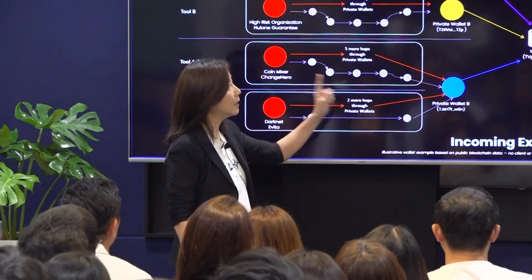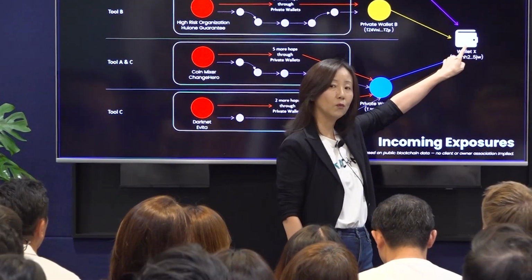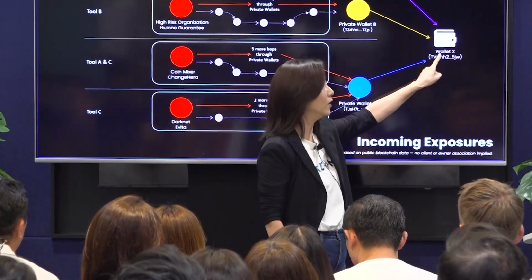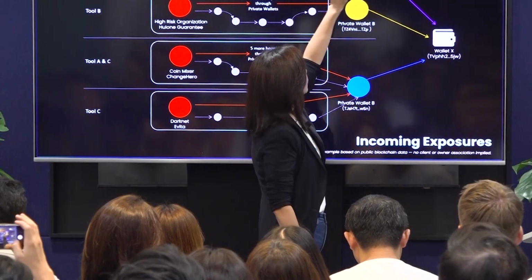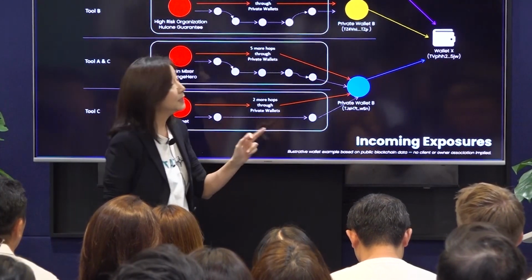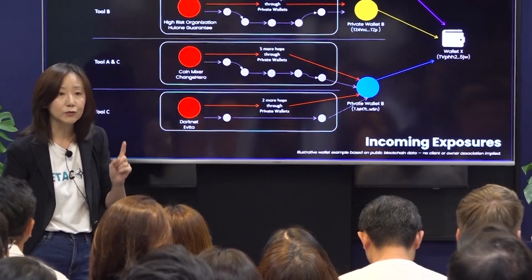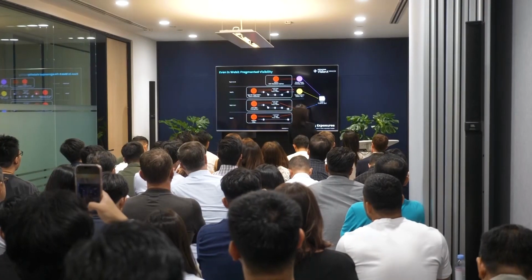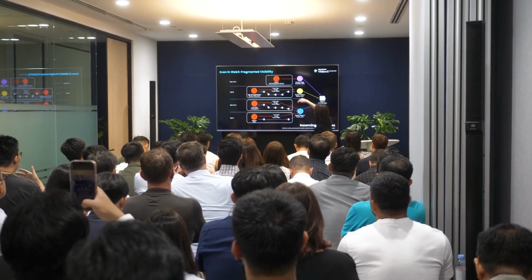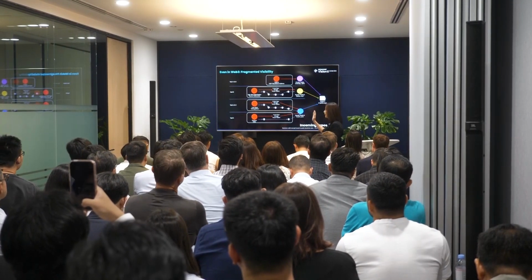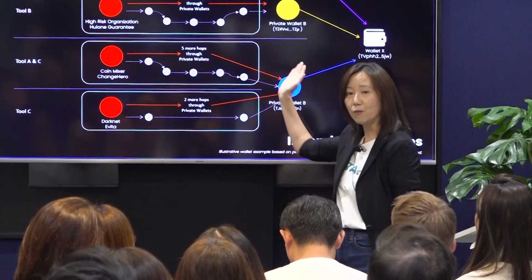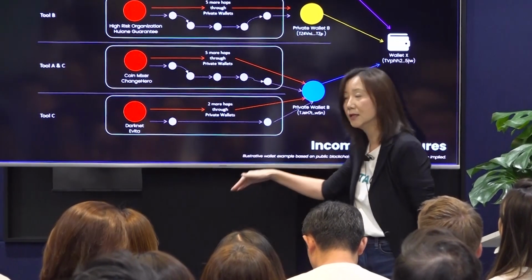This is an incoming fund, meaning this is the wallet MetaComp gives to the client, right? This is the white wallet. And these 3 wallets are the wallets that directly transact with the wallet we give to the client. So for us, in traditional terms, this is a direct exposure, right? And then these wallets also have their network counterparties to transact with, right?